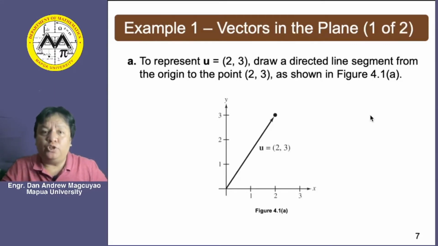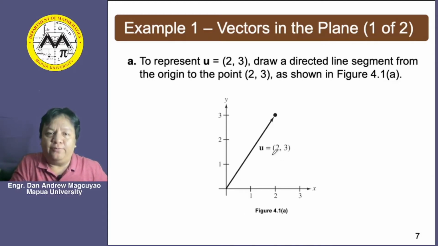To represent u, which is equal to 2, 3, draw a directed line segment coming from the origin to the point 2, 3. So when you have the vector u composed of the elements 2, 3, the initial point is the origin, and you have the terminal point at x equal to 2, and the second coordinate is 3.